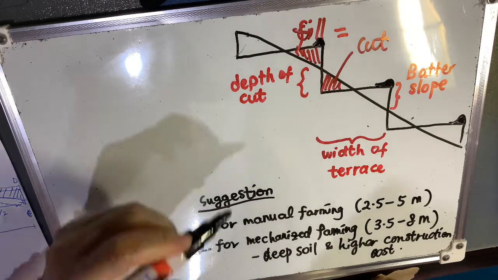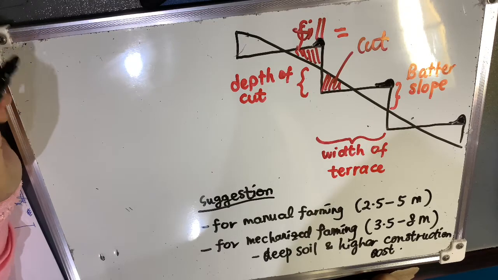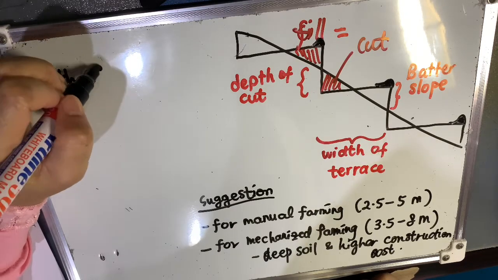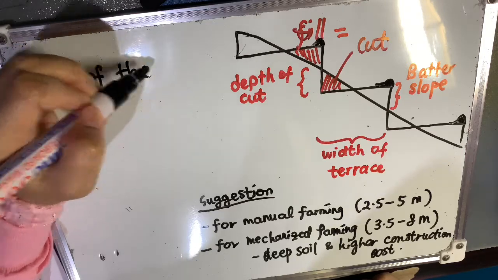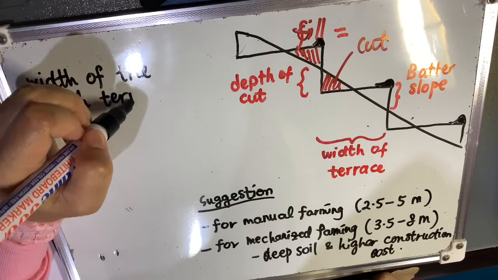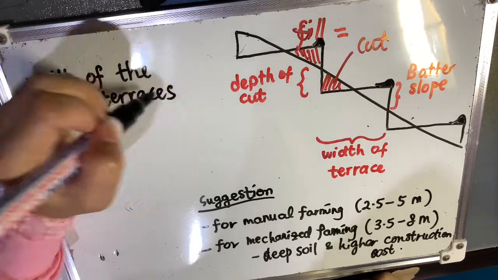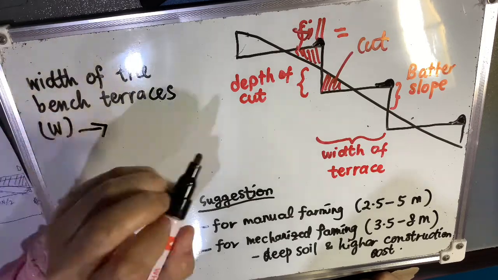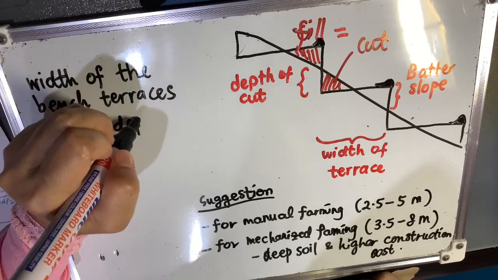For W, the width of the terrace, I just write it here: width of the bench terrace. So this is W. We want to determine the depth of the cut, right?